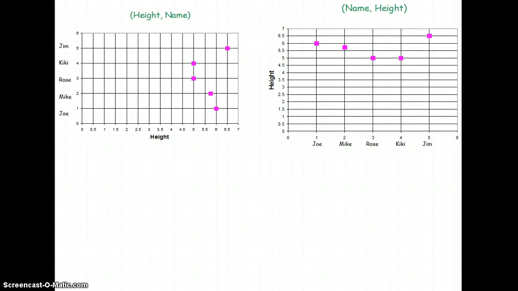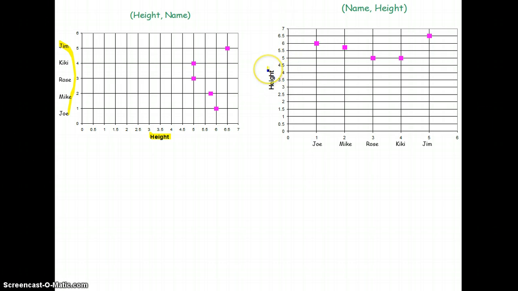So continuing with that, we can have here a Cartesian plane actually, and we are going to name our Cartesian plane in both ways. It doesn't matter how you want to do it. At this point, you can call the x-axis height and the y-axis the names of the students, or you can do it backwards.